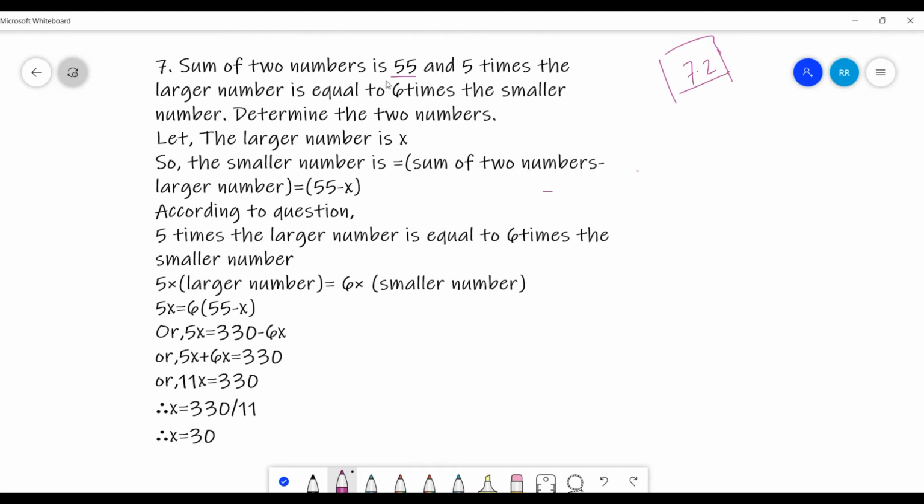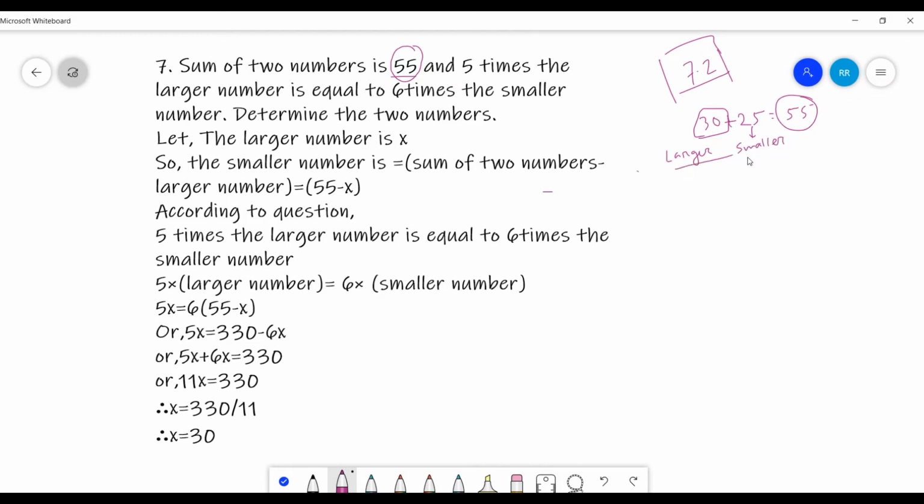Okay, the sum of two numbers is 55. Suppose one number is 30 and another is 25, then the sum of these two numbers is 55. Here the larger number is 30, and this one is the smaller number.